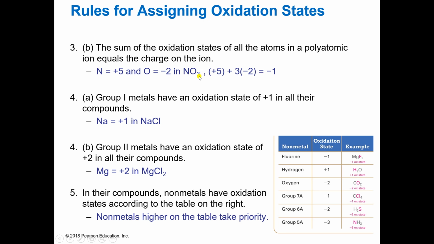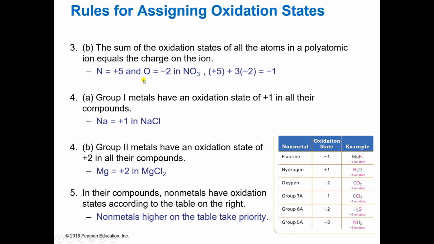We know there are 3 of them, and that added to whatever nitrogen is, they must add up to -1, which is the overall charge on nitrate. So 3 times 2- must add up to something that equals -1. In this case, the only choice is +5. So the oxidation number for nitrogen is +5.